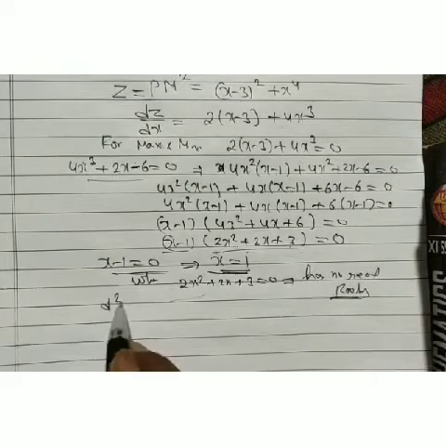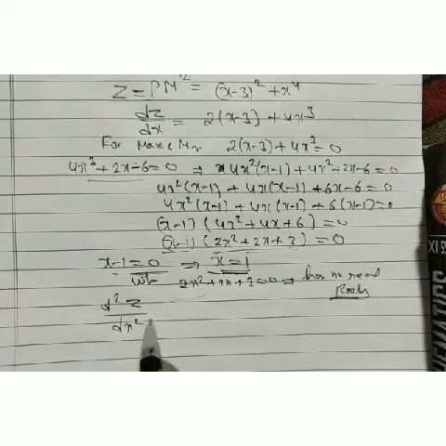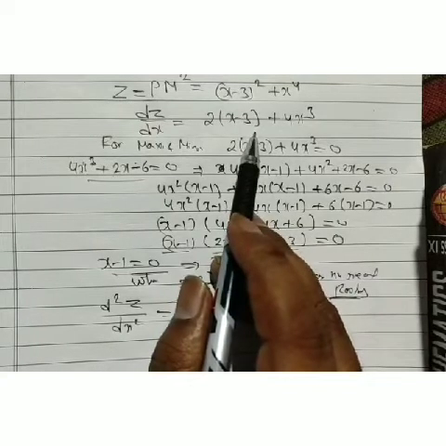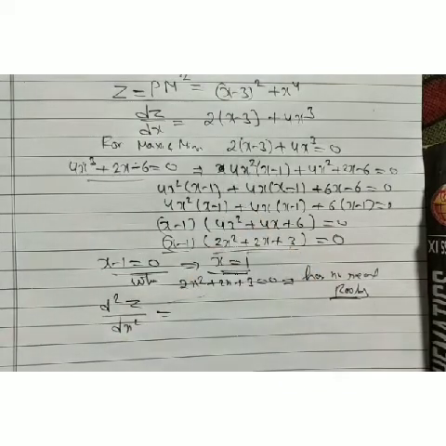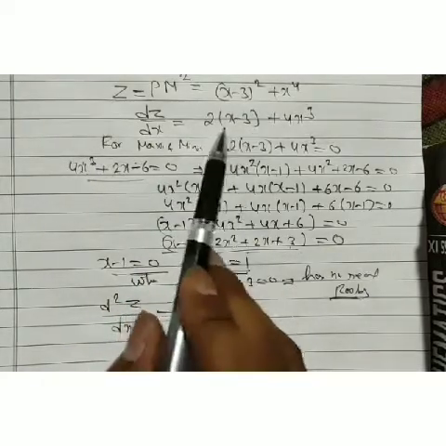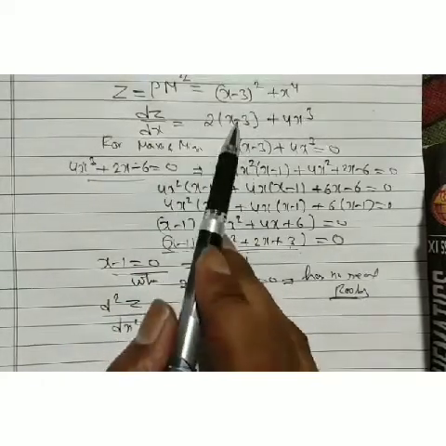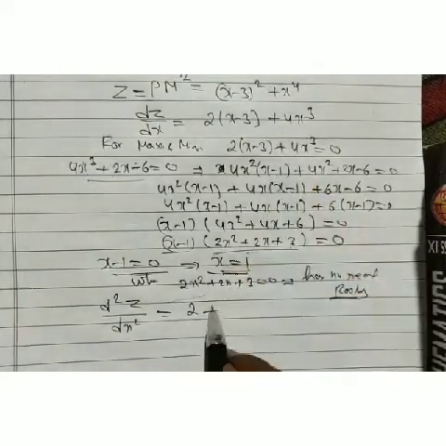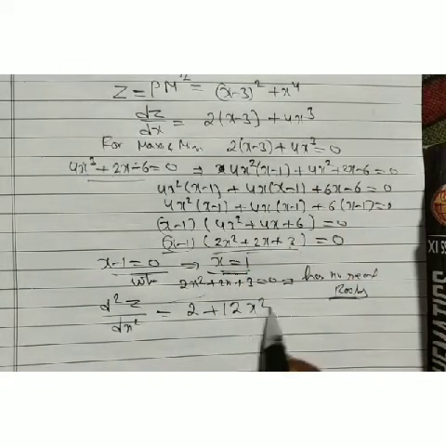Now we move to find the second derivative d2z/dx square. We are going to find its second derivative from here. What do we get? We have 2 times 1 for 2x minus 3, so we get 2 here. Write down 2, and here we get plus 12x square.